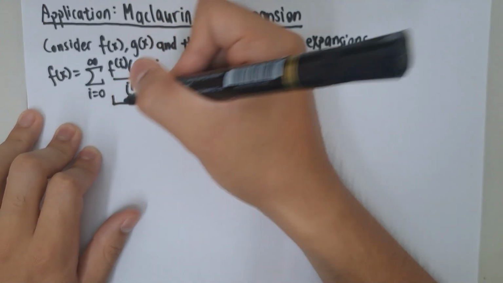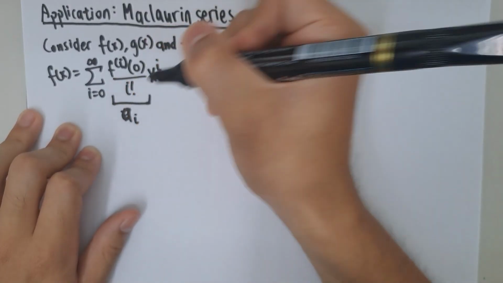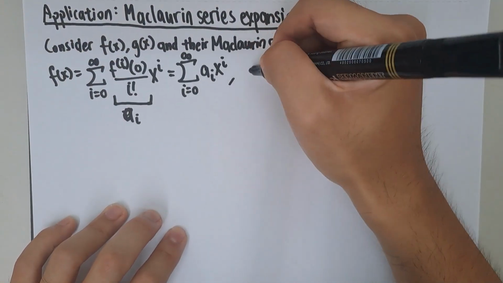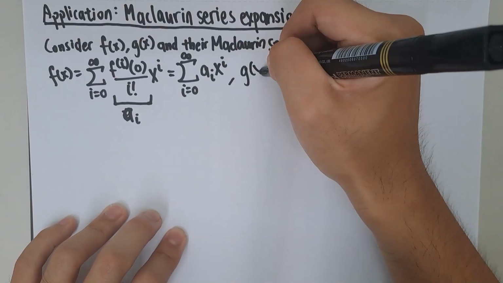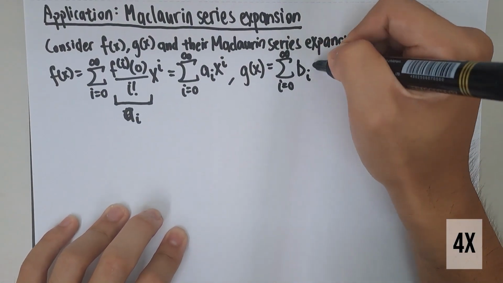And we'll rename it as, well, we can call it a sub I, it's fine. And likewise, we'll call g of x equal to the sum as I is equal to 0 of b sub I x to the I.